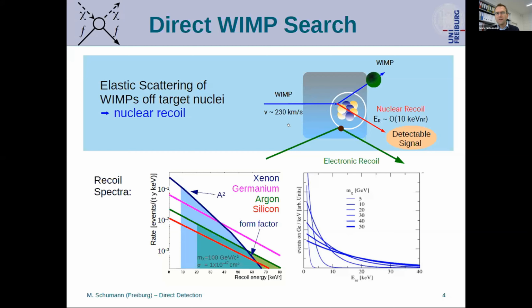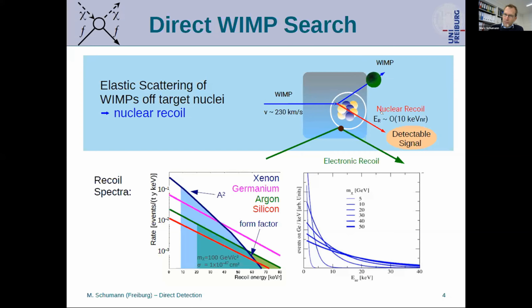The typical velocity in this problem is the rotation speed of the sun around the galactic center, that's 230 kilometers per second. Even though that is rather large, it is small compared to the speed of light, so all the calculations here are highly non-relativistic.